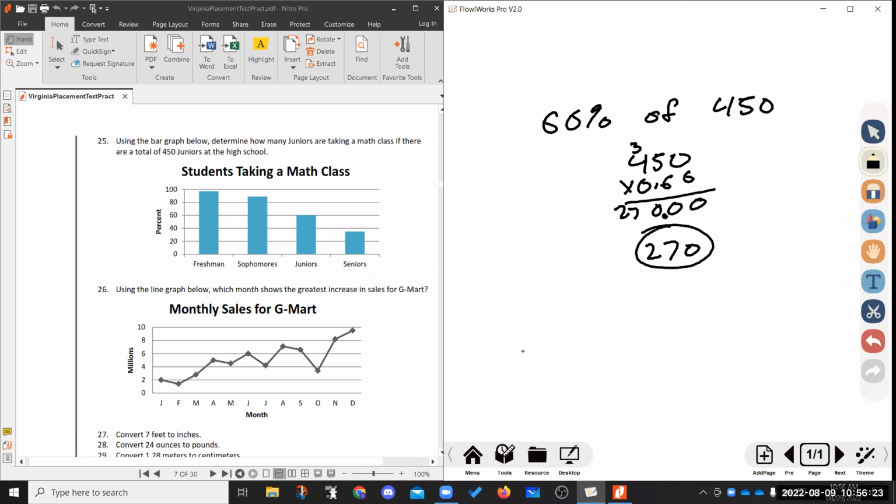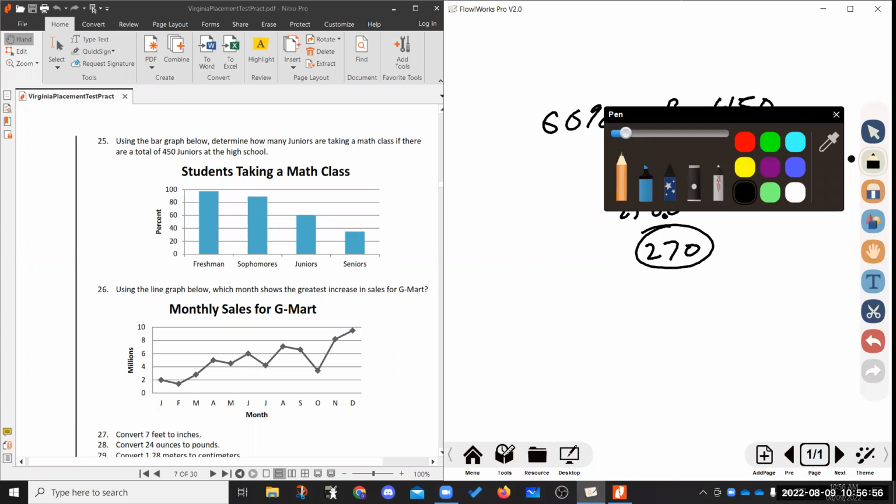So next one, using the line graph below, which month shows the greatest increase in sales? Okay, look for the one with the steepest slope, or the biggest change in Y, right? Because these are all the same change in X. So the greatest increase is going to happen from October to November.